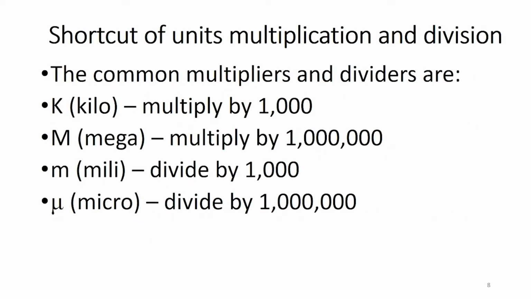The common multipliers and dividers are kilo, which is multiplied by 1000, mega, which means multiplied by 1 million, small m means divide by 1000, and the letter mu, which stands for micro, means divide by 1 million.